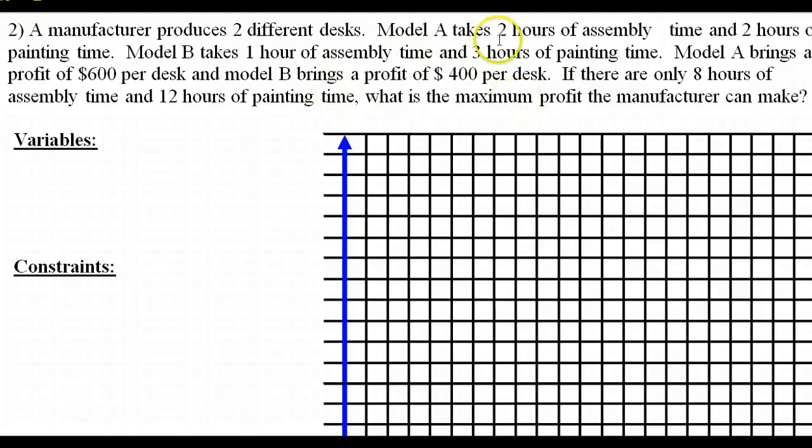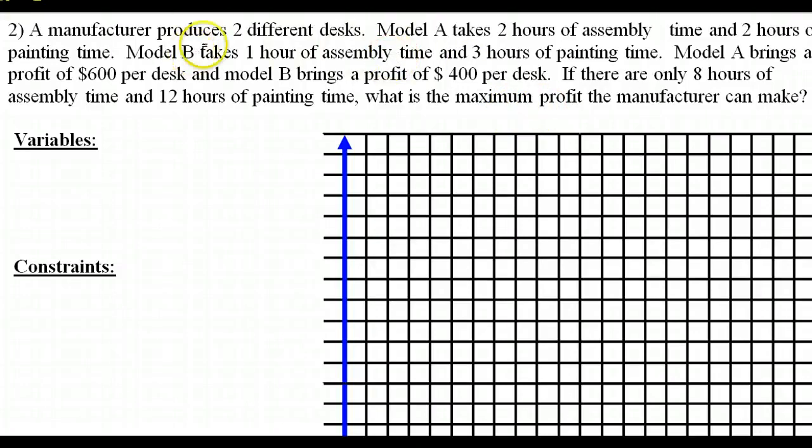But okay, he's got the 2 kinds of desks. So we're gonna have to figure out how many of each kind of desk he can make. I was looking for it here at the end like it normally will say, but this time it didn't actually say how many of each type of desk. It just went straight to the profit question.